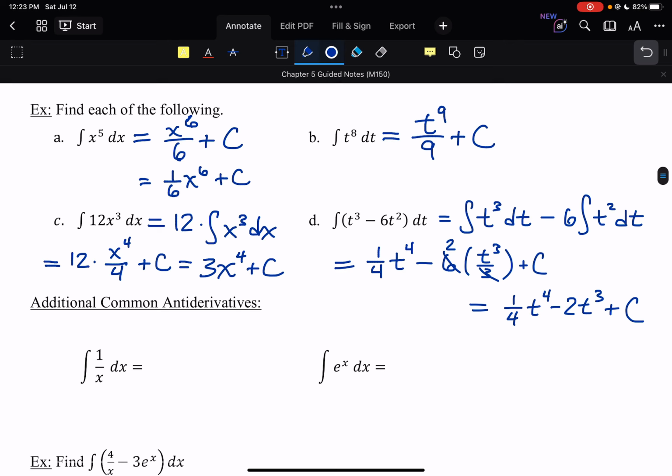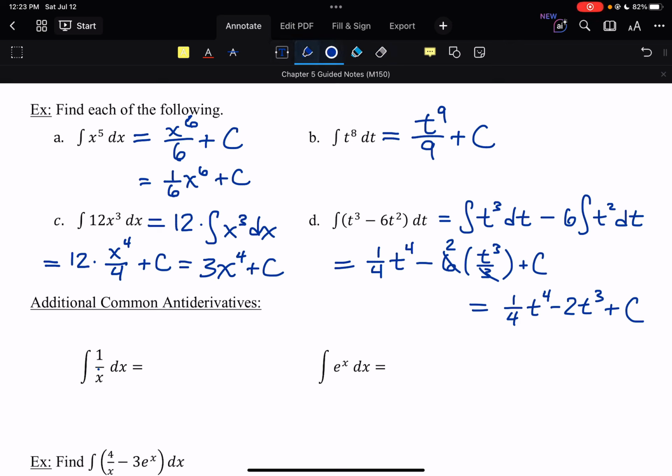We spent the better part of a chapter talking about logarithmic and exponential functions. So we have a couple more common antiderivatives that come up pretty frequently that we'll need to recognize. The first one is that x to the negative 1 case that we talked about earlier. So this is 1 over x.